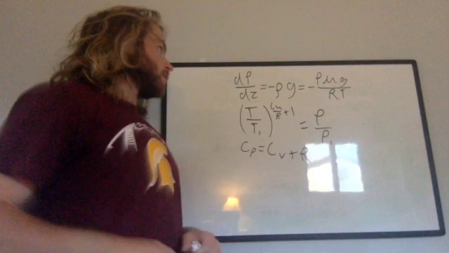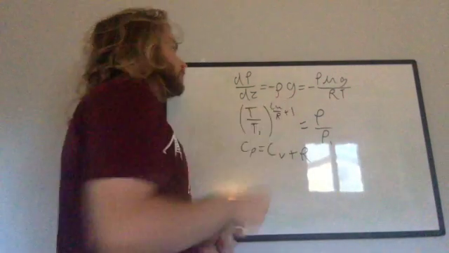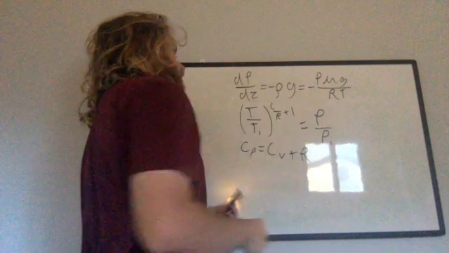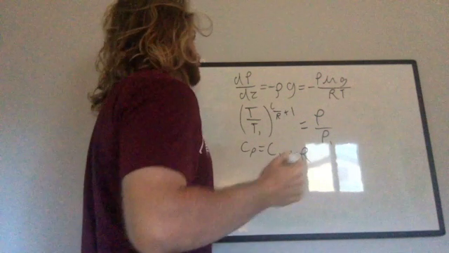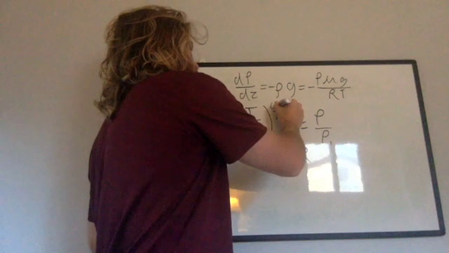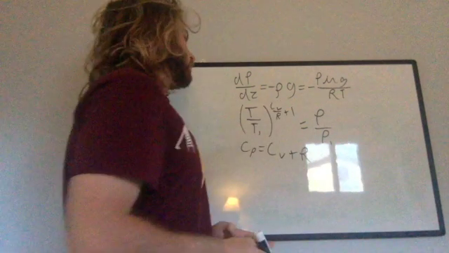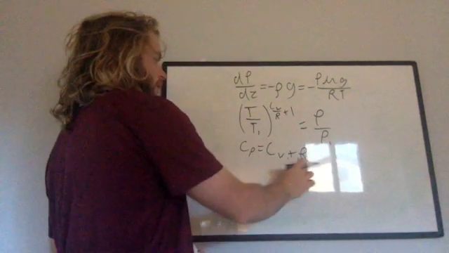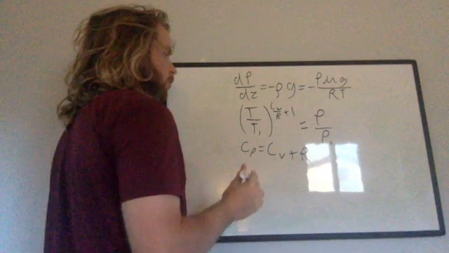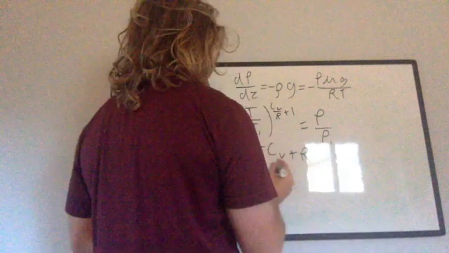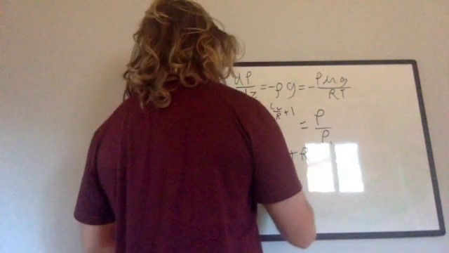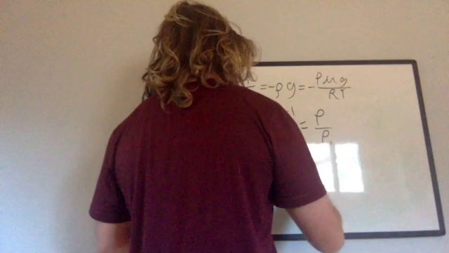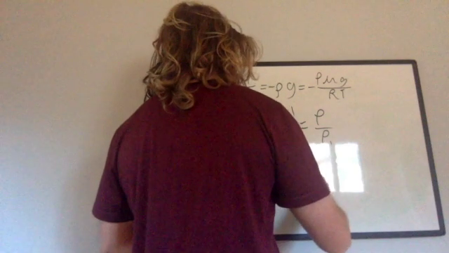Alright, so we did make a mistake earlier. This Cu is supposed to be a Cv. Not sure exactly why I used the U there. This is supposed to be the specific heat capacity at a given volume. So there we go. And now what we can go ahead and do is multiply everything right here by 1 over R. And what that would give us is Cp over R equals Cv over R plus 1.